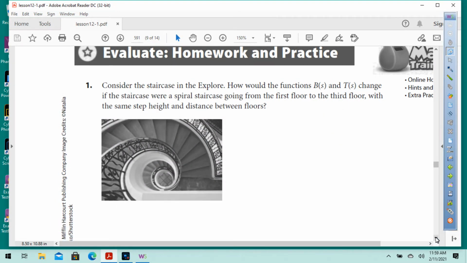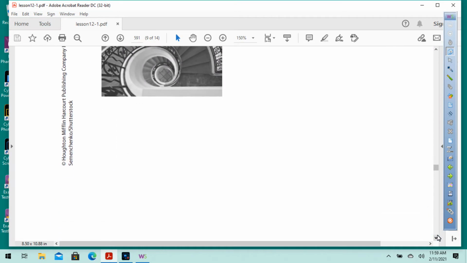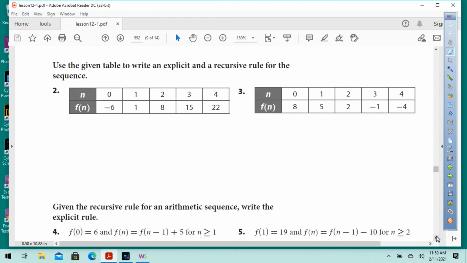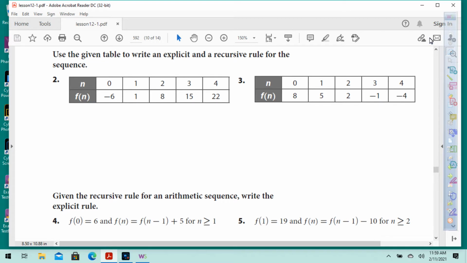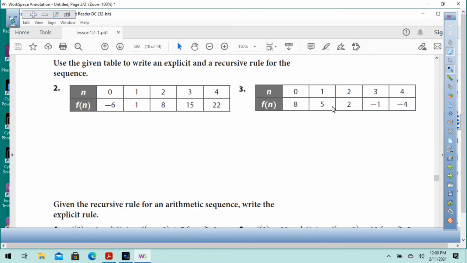Let's go here to number 2. And what does it say here? Use the table to write an explicit and a recursive rule for the sequence. Well, first off, we need to check and make sure it is in fact arithmetic. To be arithmetic, it has to have a common distance.